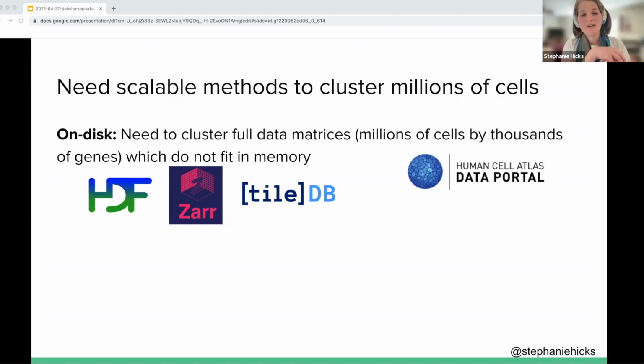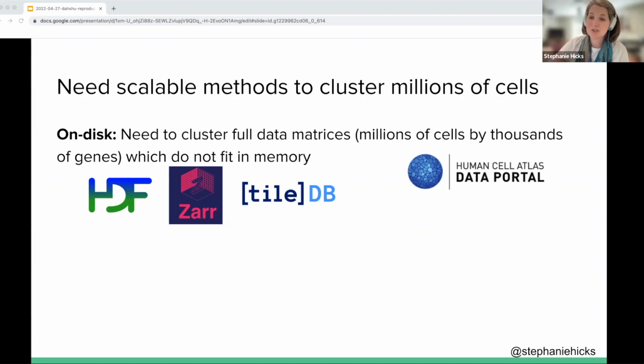And so here, our goal is to be able to cluster those full matrices, 20,000 features by 10 million cells, for example. In that case, maybe the data doesn't even fit into memory, given the computational infrastructure that we have locally or in the cloud. So we want an algorithm that is able to work either in memory or on disk. These on-disk file formats are the formats that organizations such as the Human Cell Atlas are using.